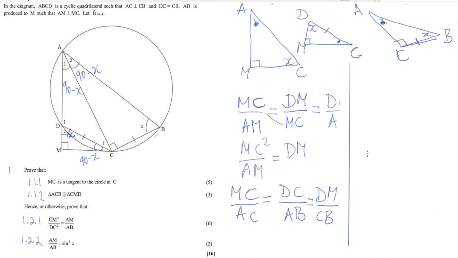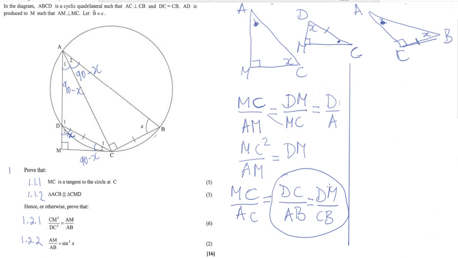Now, let's move to what is very important here. If you look at this part, because we already have an MC here, let's look at here now. We see that our given CB is equal to what here? CB is equal to DC, or DC is equal to CB.